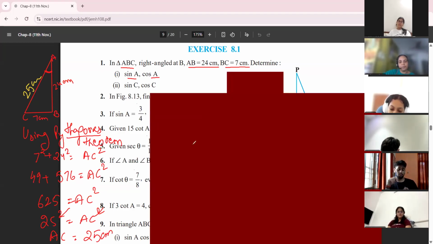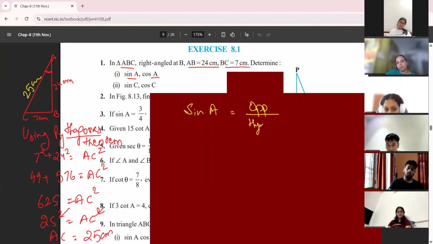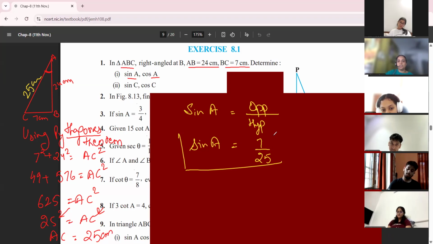Solving ahead. Now we will find sine A. So sine A is opposite by hypotenuse. So we will take 7 by 25 as the value for sine A. No need to change it into decimals. This is your final answer. Right? How to find cos A now?